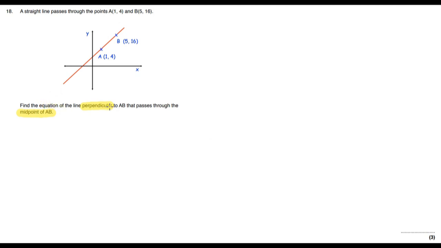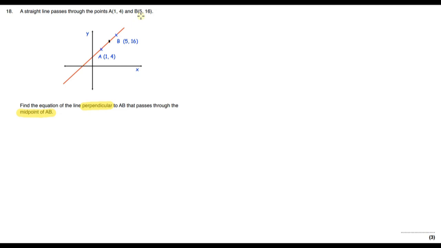We need to find the equation of the line perpendicular to this line that passes through the midpoint. Now, because we're looking for the line that's perpendicular to this one, we know that the gradient of the line we're trying to find is going to be the negative reciprocal of this line.